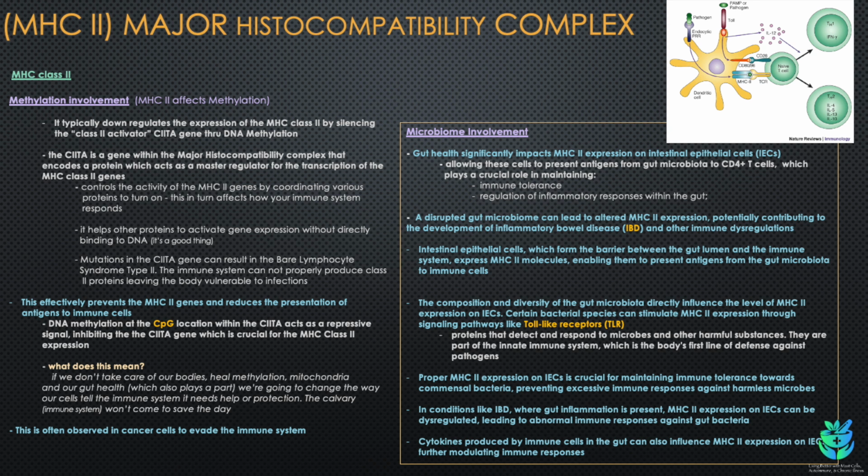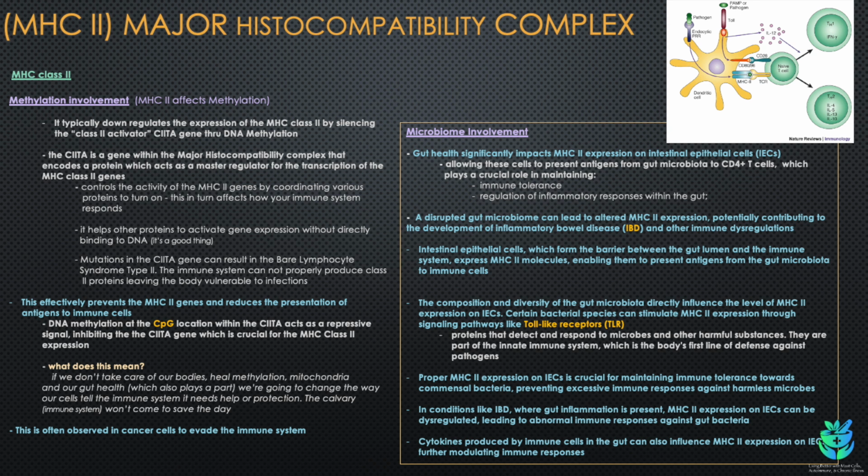This controls the activity of the MHC2 genes by coordinating various proteins to turn on. This in turn affects how your immune system responds. It helps other proteins to activate gene expression without directly binding to DNA. That's a good thing.